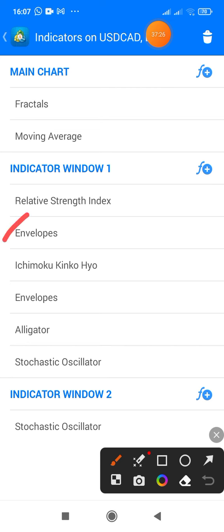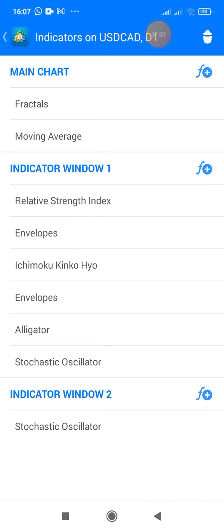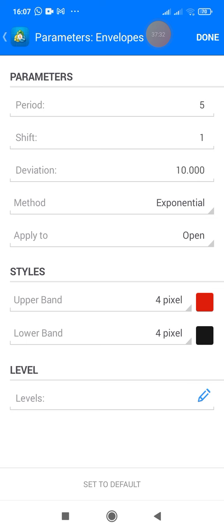And then we go to envelope. Those are the settings of the envelope. You can take a picture.